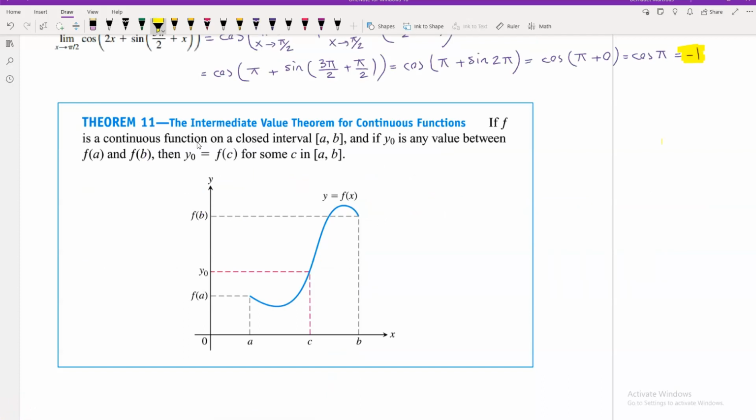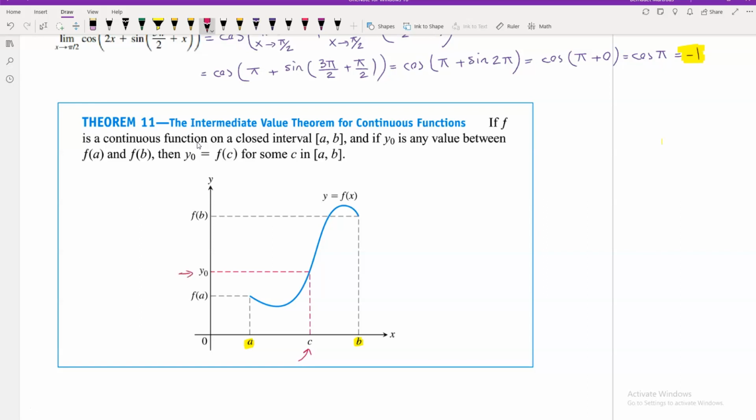Theorem 11, the intermediate value theorem for continuous functions. If our function is continuous on a closed interval a, b, and if y naught is any value between f of a and f of b, then y naught is equal to f of c for some c in this interval a, b. And here on the x-axis, we have this interval a, b, and this point c is in this interval.